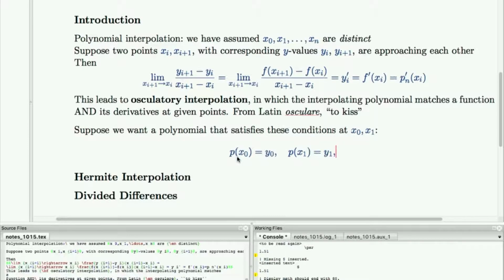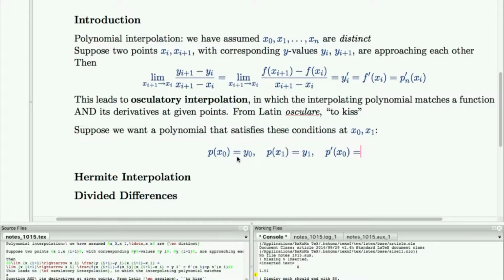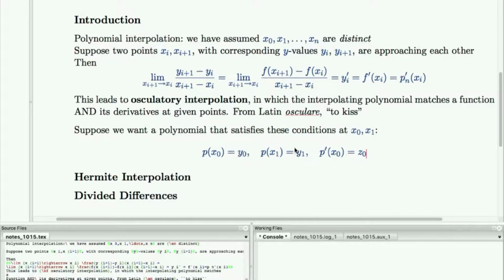Okay. Now, I'm also going to have P prime at x naught equal to some given value z naught. So whatever derivative of your function is supposed to be, that specifies the value of the derivative of your polynomial.